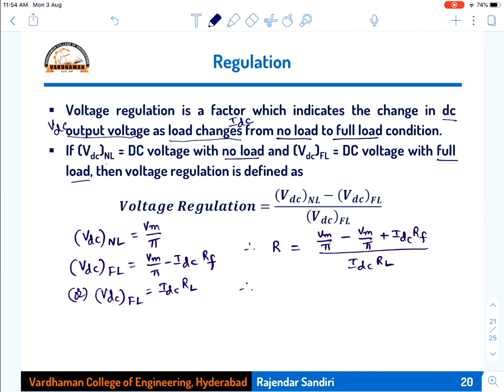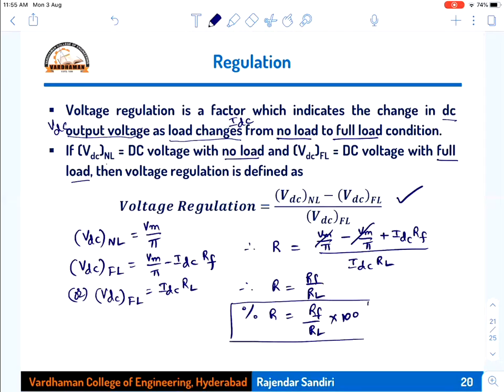Therefore R is equal to, these two will cancel, IDC also will cancel, simply RF by RL. Then percentage regulation is multiplied by 100: RF by RL into 100. So the basic formula is this one. For a half-wave rectifier, if you substitute all these things, you will get percentage regulation equal to RF by RL into 100.